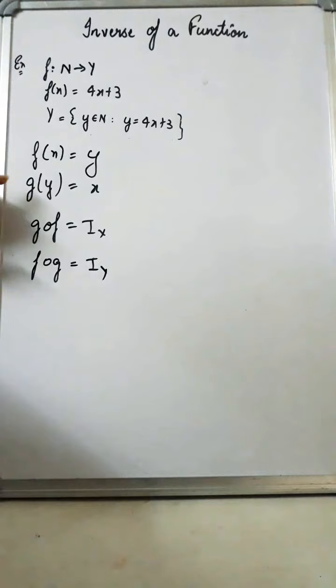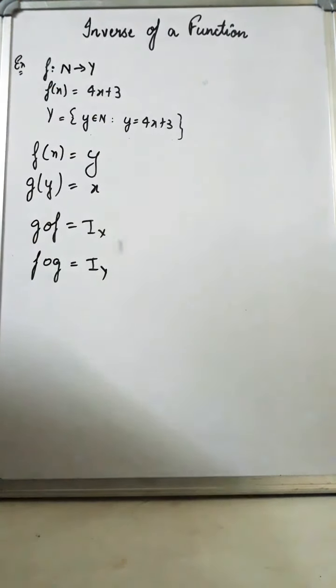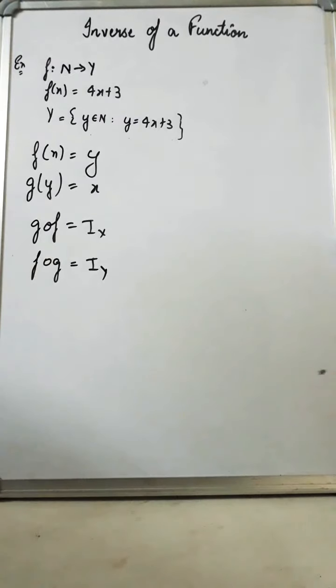So we have to do these three things, and if all these three properties are satisfied, then we will say that our f(x) = 4x plus 3 is invertible, meaning it can be inverted. And what will be the inverse? This g of y. Whatever function we find here will be the inverse of your f(x), and this will be in terms of y. So let us just begin.